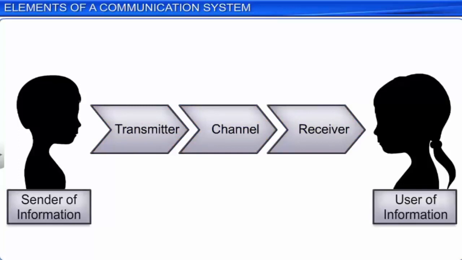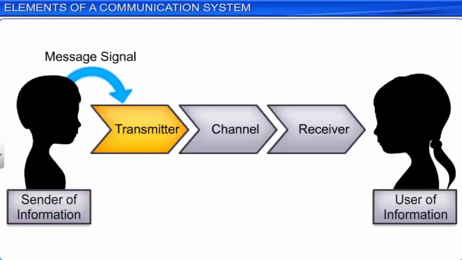Now, let us see how a communication system works. The sender of information sends a message signal to the transmitter. This signal can be in the form of voice, a written message, or any other form of data.